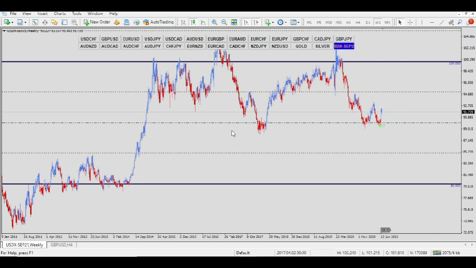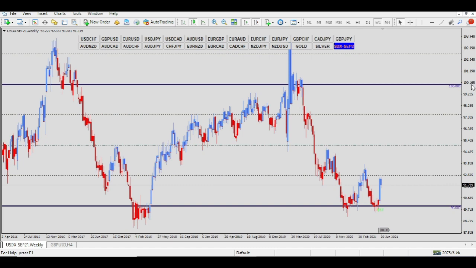You get the point. If you get pairs that have a dollar in them, usually the easiest thing any person can do is to just analyze the dollar index.